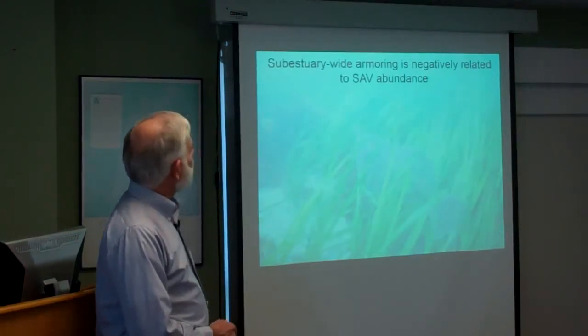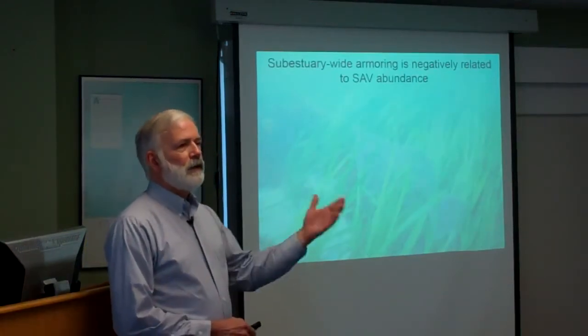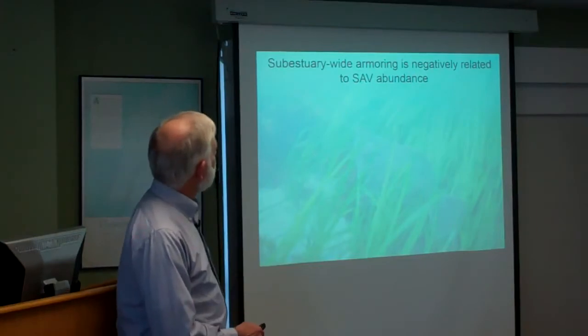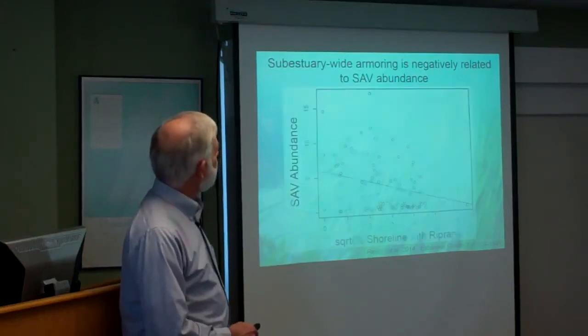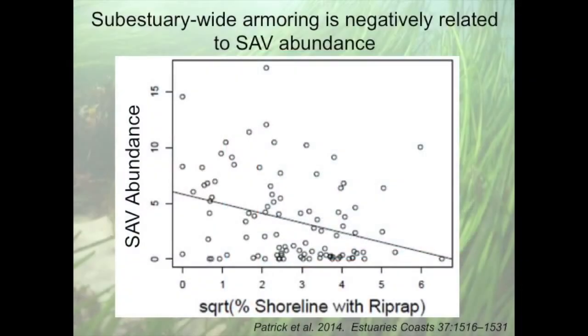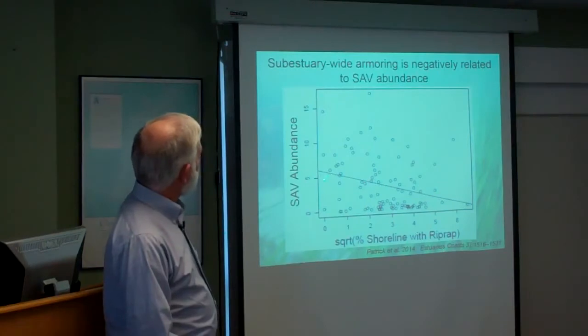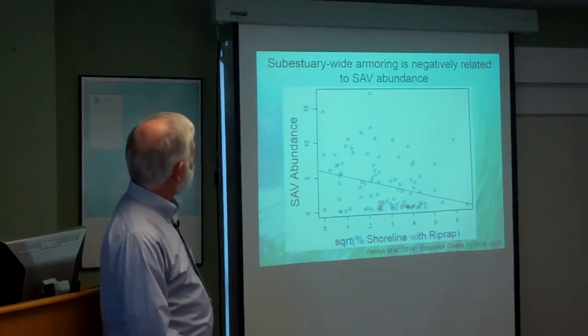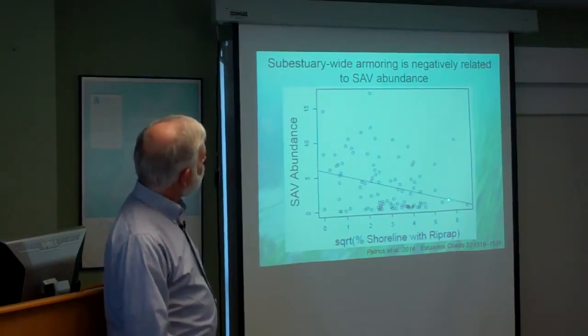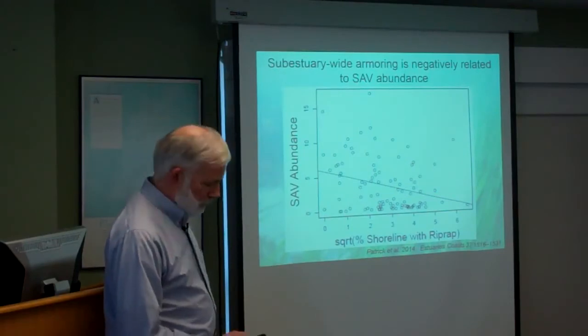We also found that armoring at the scale of the entire sub-estuary was negatively related to SAV abundance. That's shown in this graph, showing the percentage of the sub-estuary shoreline that's riprapped and SAV abundance. There's a clear negative correlation that is significant.